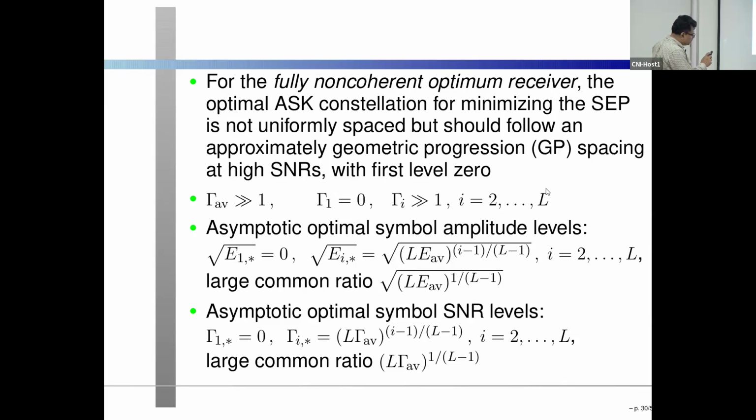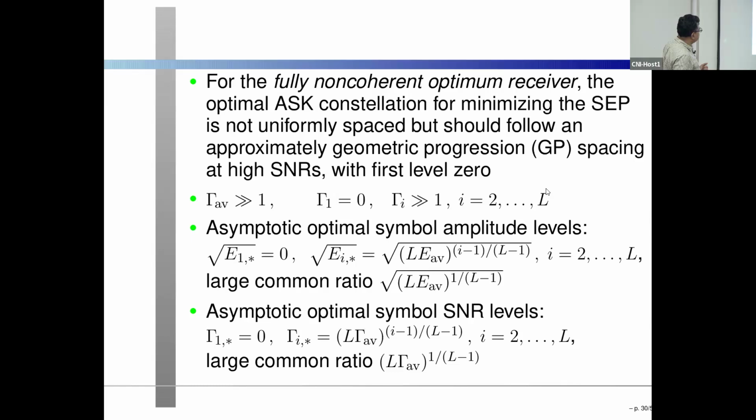But the interesting results are that for the fully non-coherent optimum receiver, for high SNRs, actually the first level should be 0 and the subsequent levels should be in geometric progression, not in arithmetic progression. Actually, if you use arithmetic progression, it's a disaster. Okay. And if you have a common ratio, of course, you can calculate the common ratio, because if you know that you have a total energy constraint or total SNR constraint and everything is in GP, you can easily find out the levels.